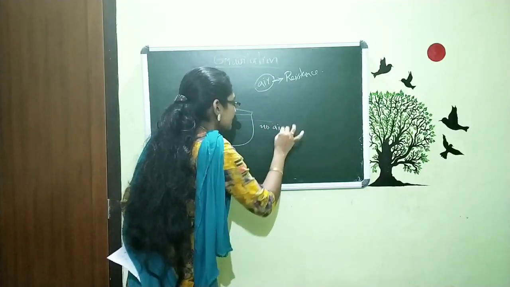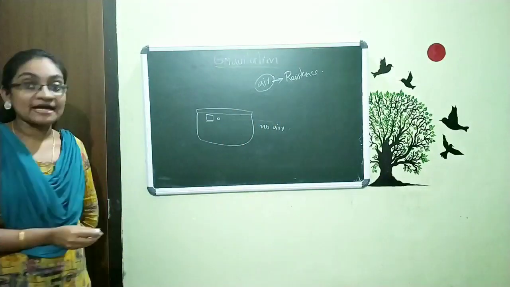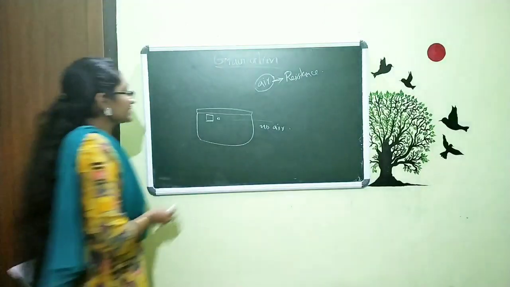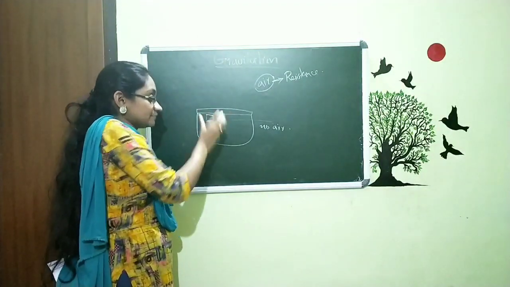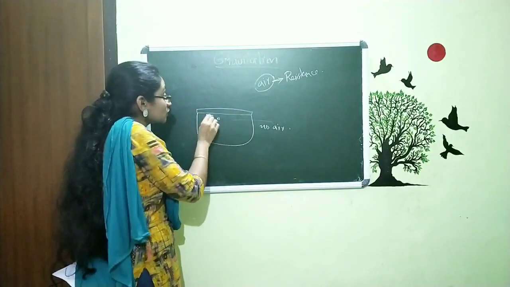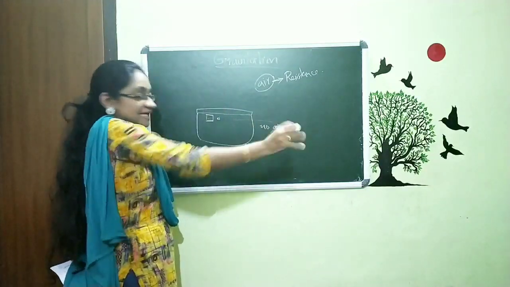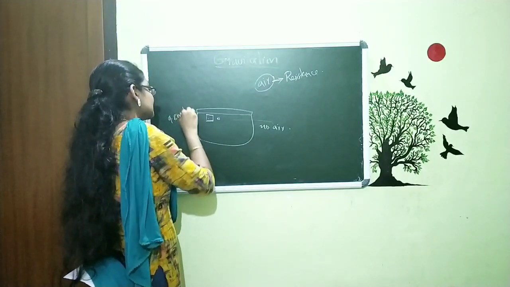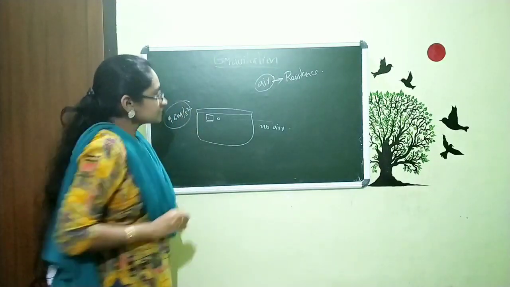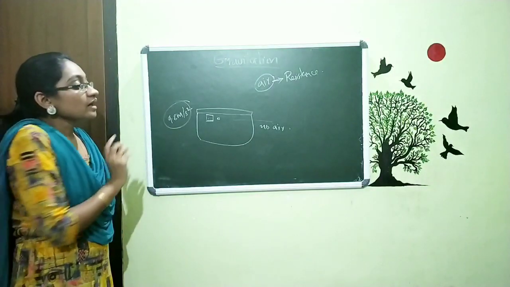And we observe what happens. You can see that both things come down at the same time. That means the acceleration of both things is the same, and that acceleration is 9.8 meter per second square.